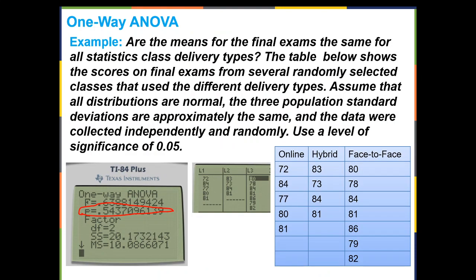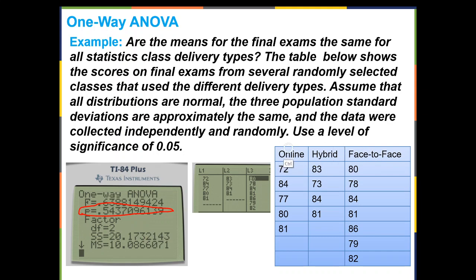All right, so are the means for the final exams the same for all the stat class delivery types? Here's another example. There are stat class delivery types. Nowadays it's only online, right? Because of coronavirus, we don't have these. But of course we had all 3.